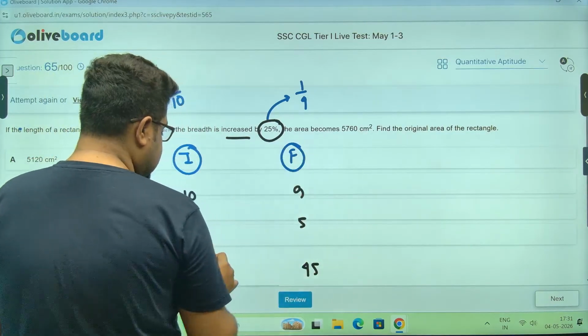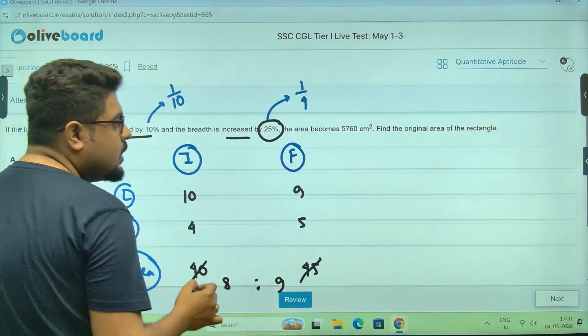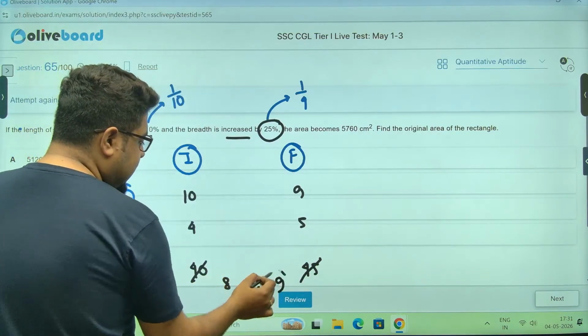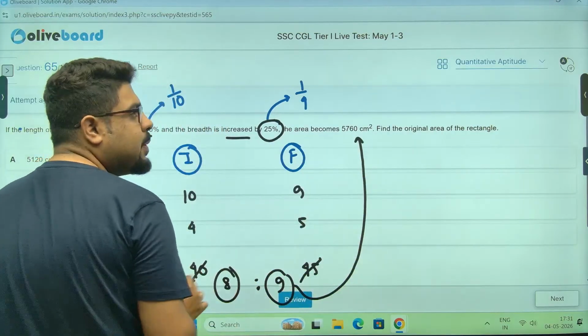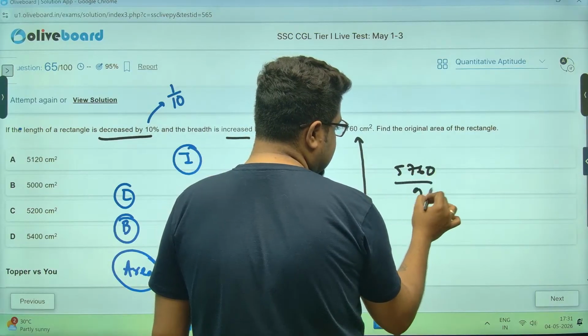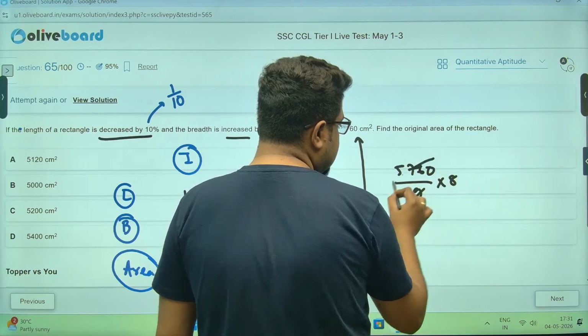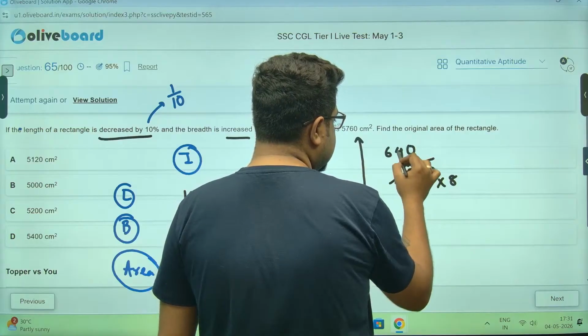Now they are saying, ratio le lete sir, 8 is to 9. They are saying area becomes this, meaning 9 parts is this. What is the value of 8 parts? So 1 part will be this by 9, 8 parts will be this. 6 nines are 54, 4s are this.